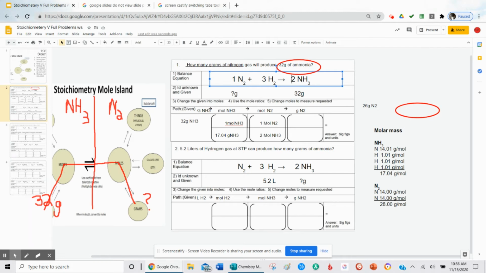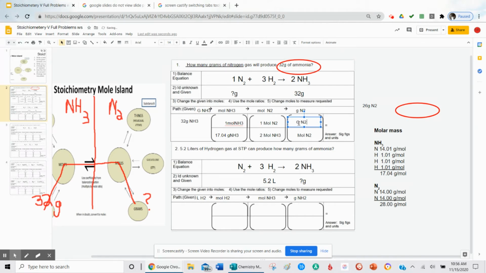Now I'm going from moles of ammonia to moles of N2, which I just did, and now I need to convert those moles of nitrogen gas to grams of nitrogen gas. So I need to get rid of moles of nitrogen gas, and I need to go to grams of nitrogen gas.